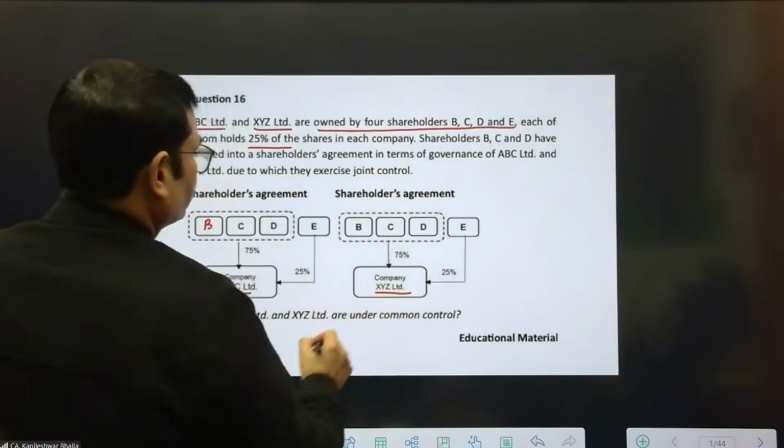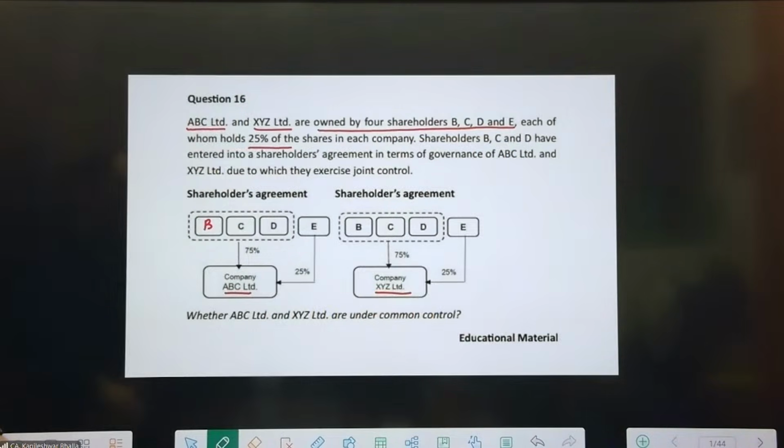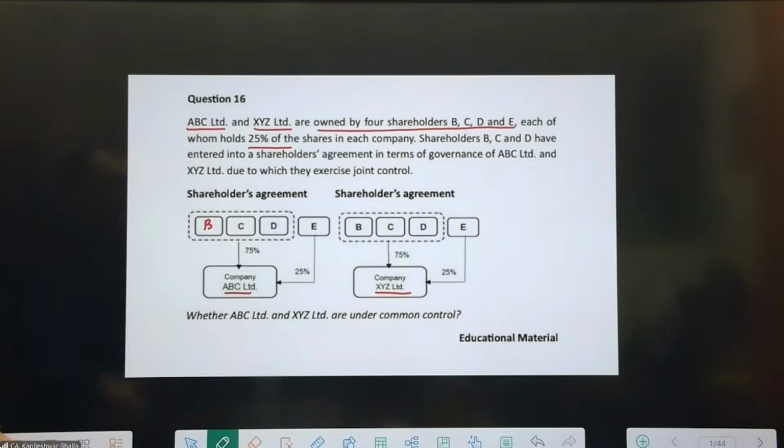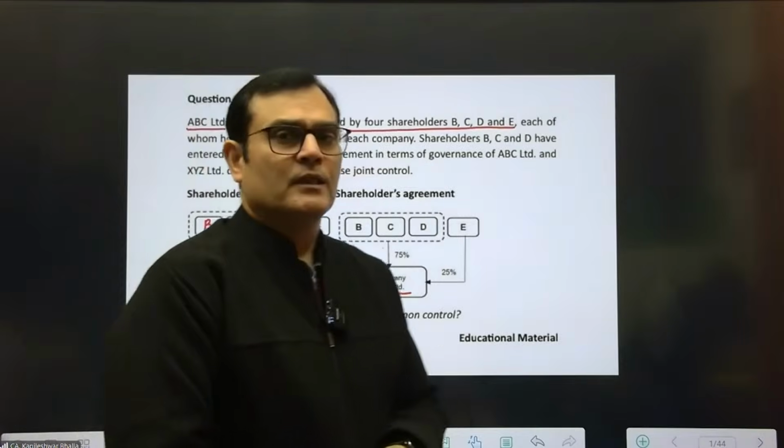Is company ABC jointly controlled by these shareholders? Is company XYZ jointly controlled by the same set of shareholders? So are both these companies having the same people controlling them? Can I say that means they've got a common control?